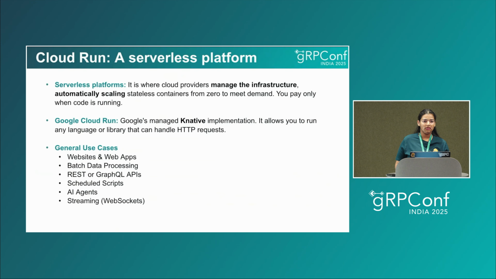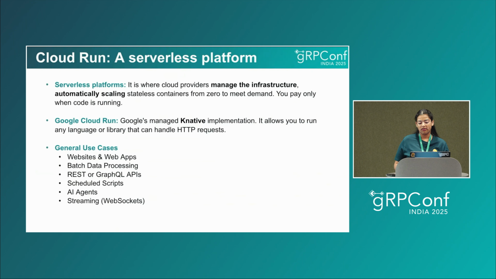This flexibility means Cloud Run, and this serverless container model in general, is applicable to a wide range of scenarios. It's not just for small functions anymore. It's a perfect fit for web services, whether you are serving a full website or just the backend logic for REST or GraphQL APIs. It can handle global traffic without manual intervention.